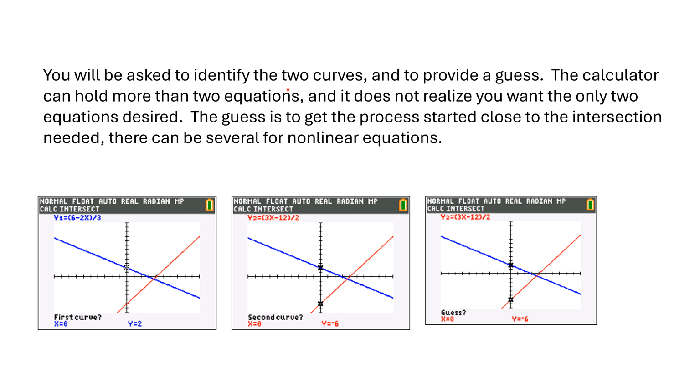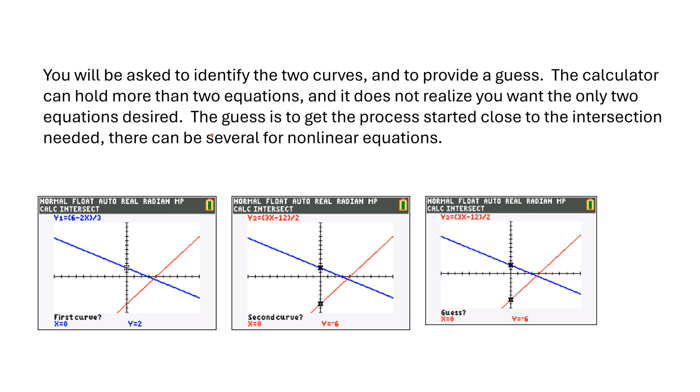You will be asked to identify the two curves and to provide a guess. The calculator can hold more than two equations, and it does not realize you want only two equations. It doesn't know. You might have equations 1, 2, 3, 4, 5, and you might want to intersect 1 and 5.